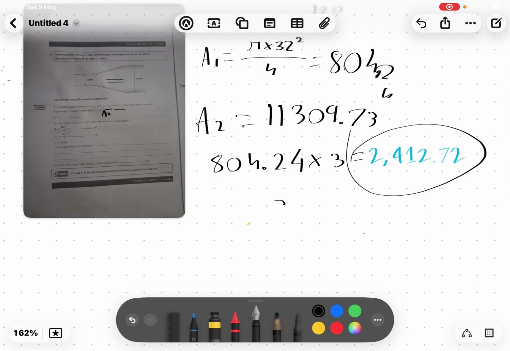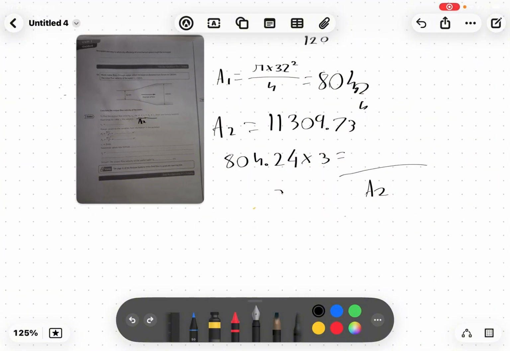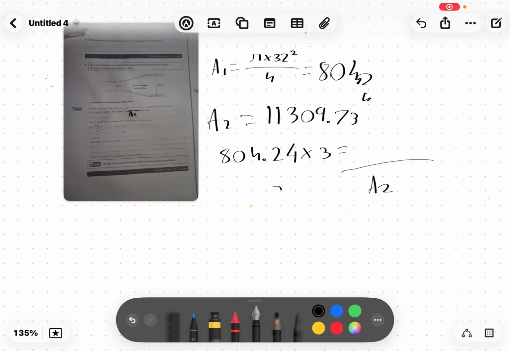And this is equal to this, so we just divide this by the A2, which is this. I just don't want to write it down. However, I don't know the answer. Divided by this. Let me just do it.